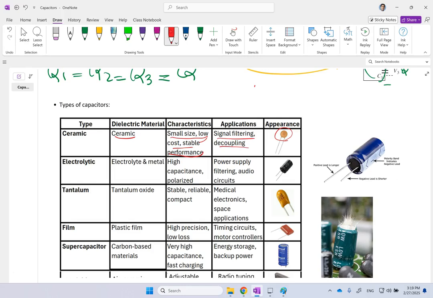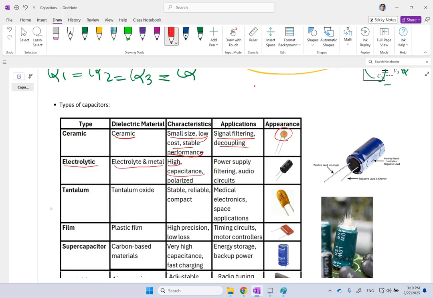Then the ones that are typically filled with an electrolyte, a chemical or gel type material, to give it higher capacitance. So that dielectric is typically a liquid or gel type. And of course, the plates are made of metal. They have bigger capacitance.